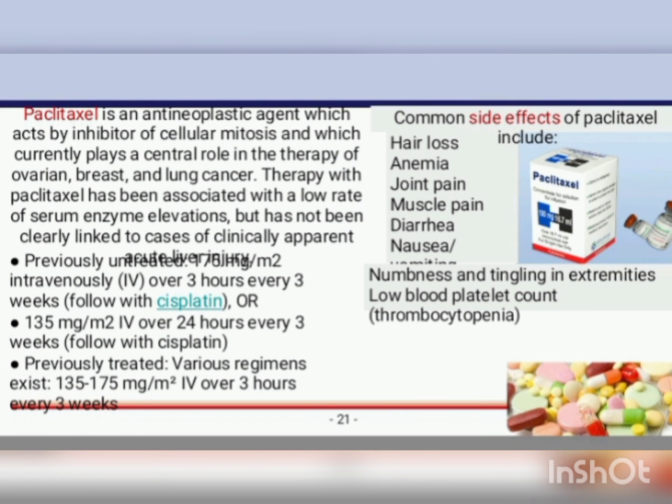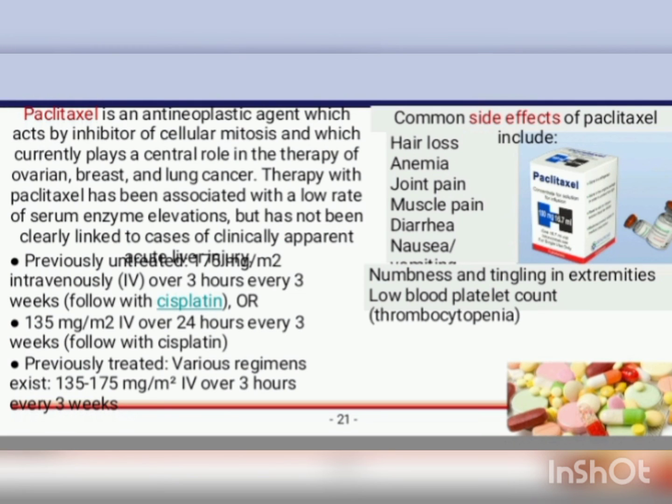Therapy with paclitaxel has been associated with a low rate of serum enzyme elevation but has not been clearly linked to cases of clinically apparent liver injury. It is given intravenously over 3 hours every week, followed by cisplatin, or 135 mg/m2 over 24 hours every 3 weeks. In previously treated patients, various regimens exist, 135 to 175 mg/m2 over 3 hours every 3 weeks.